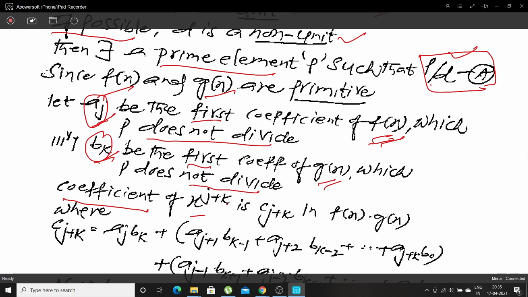We denote that coefficient by cj plus k, where it comes from the product of two polynomials, that is f of x into g of x.